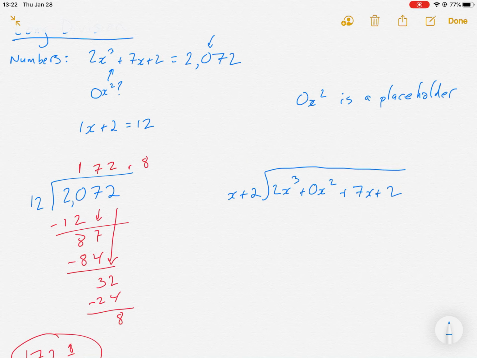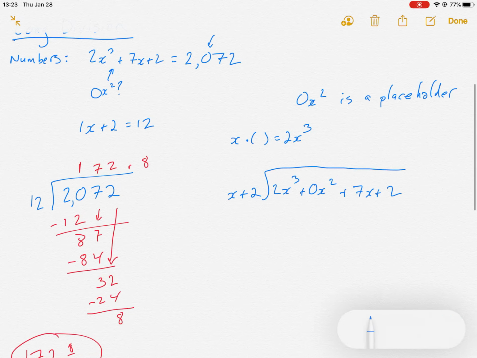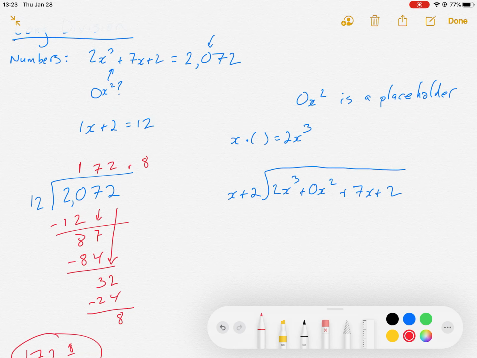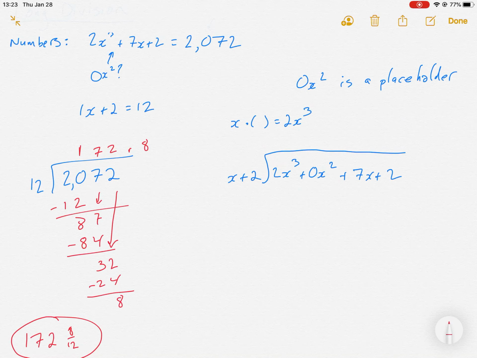All right, so the first step is to figure out how many times x goes into 2x cubed. So we need to get x times something to give us 2x cubed. Now you can always divide in order to figure out what the something is, but most of the time it'll be relatively straightforward. It would have to be 2x squared in this case. So I'm going to go ahead and put my 2x squared up here.